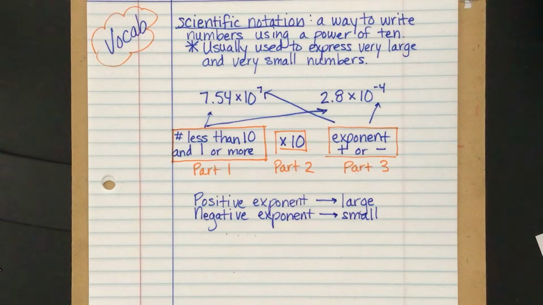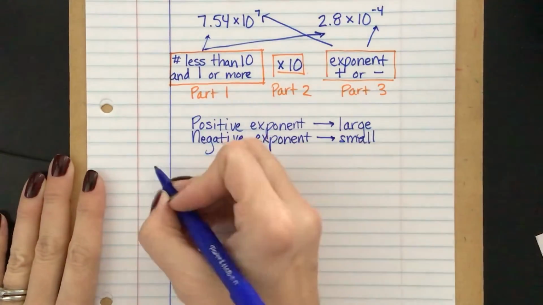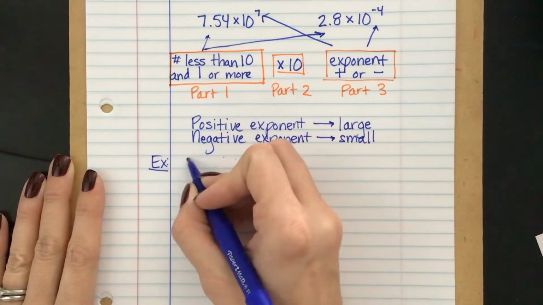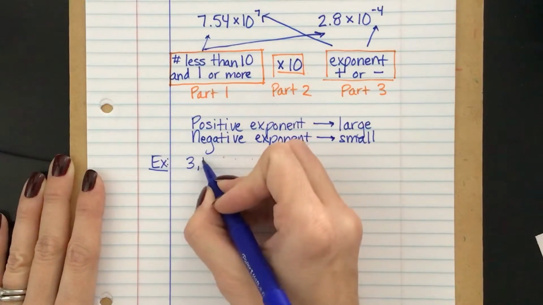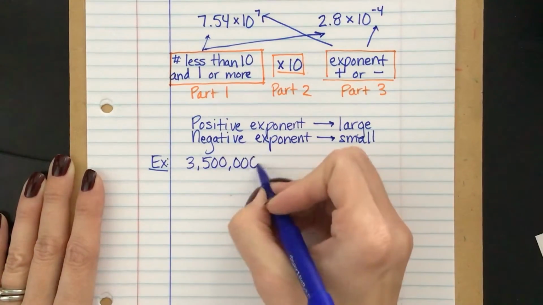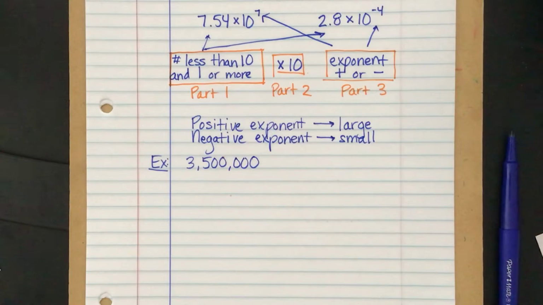Okay, so let me show you how to do this now. I'm going to take a very large number and we're going to write it in scientific notation. Okay, here's our very large number.